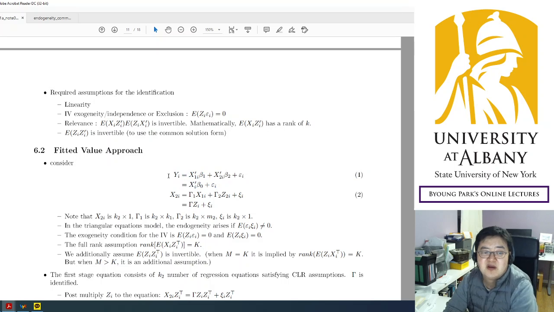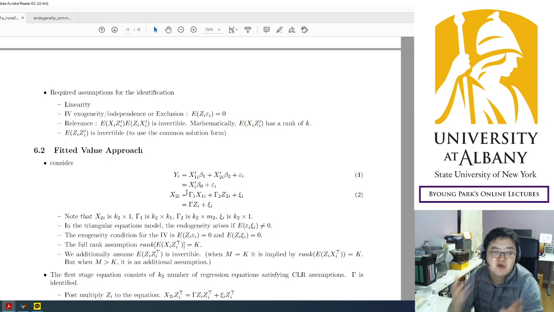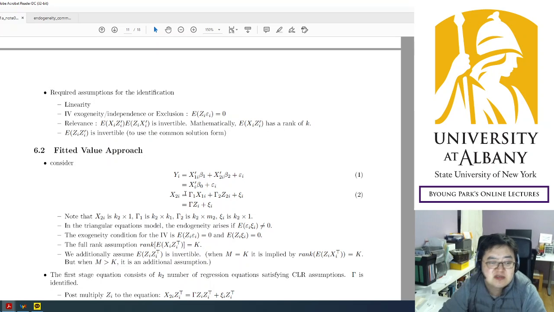That's why this equation is the second stage equation, or it is called the structural equation. On the other hand, the x2 equation is a first stage equation or a reduced form equation, depending on what you prefer to call this.